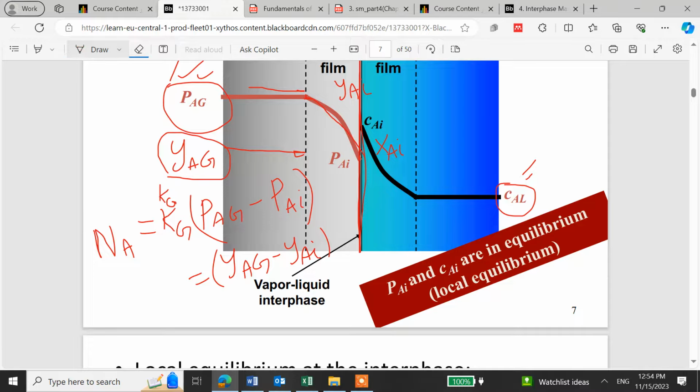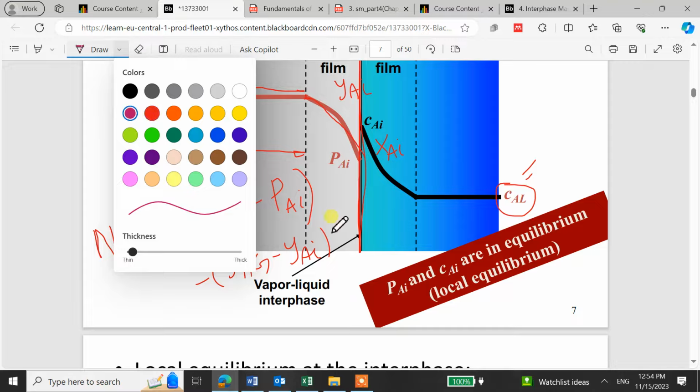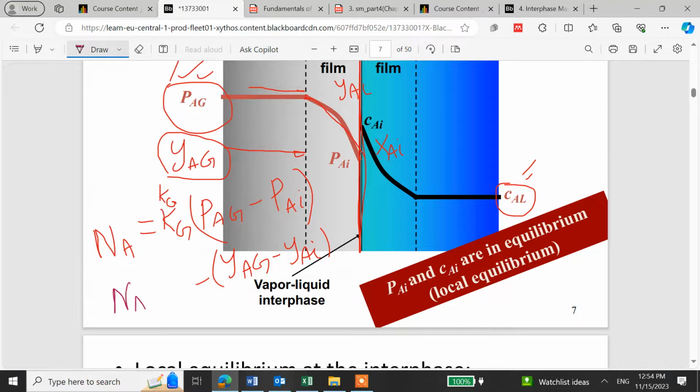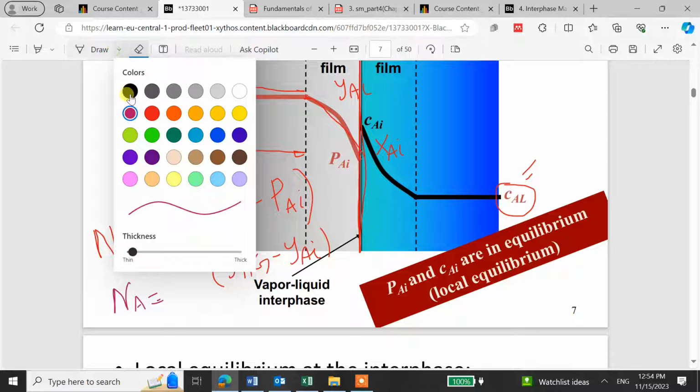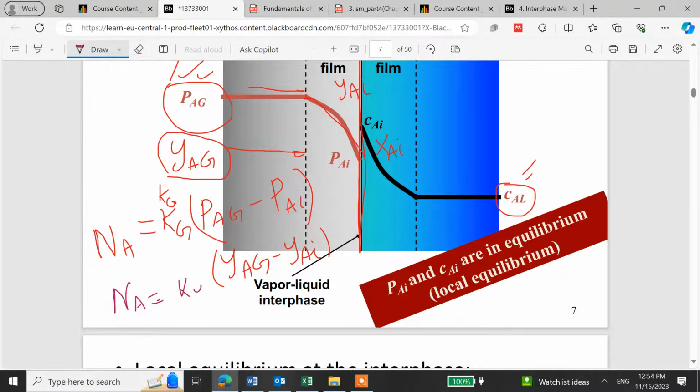If we want to write a flux equation in this form, what will it be? NA equals small ky times this. So in both cases we have flux, isn't it?